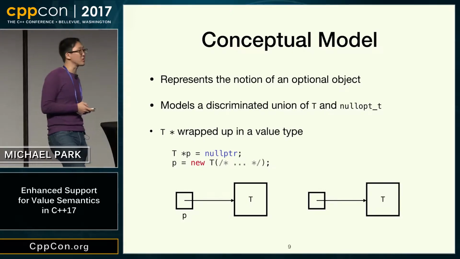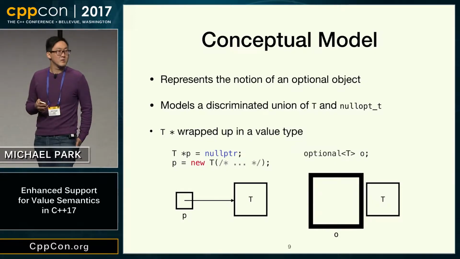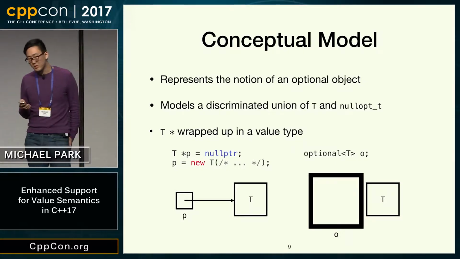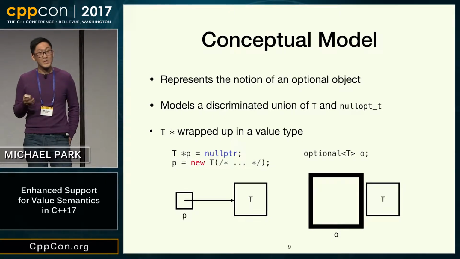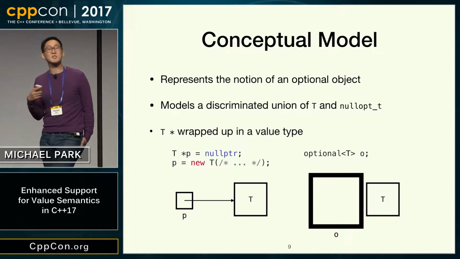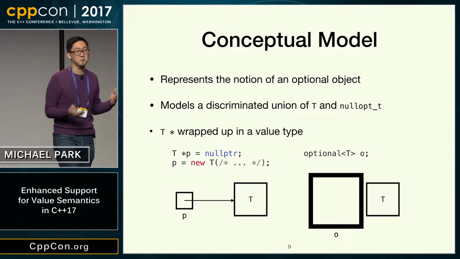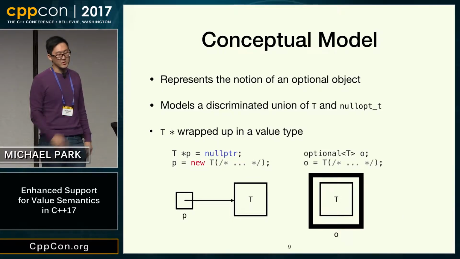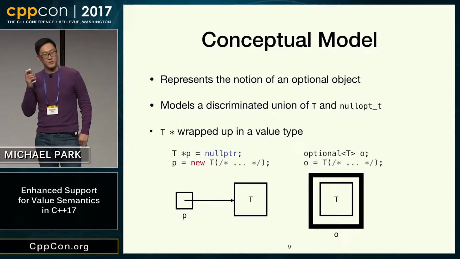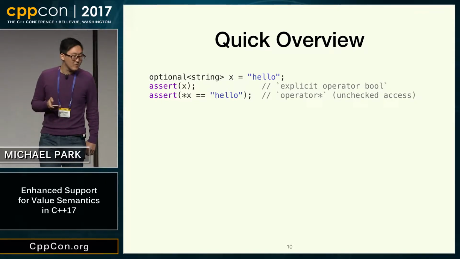Now, if we move it over to optional, what we see is that when we declare an optional, now this thing is required to hold a value in place. So the optional needs to be at least as big as T. So it's going to increase in size, namely as big as T, and then we're going to store the T inside the optional. Clear enough? Okay.